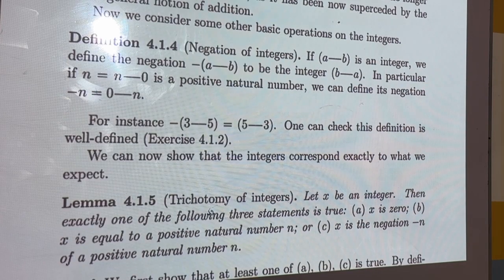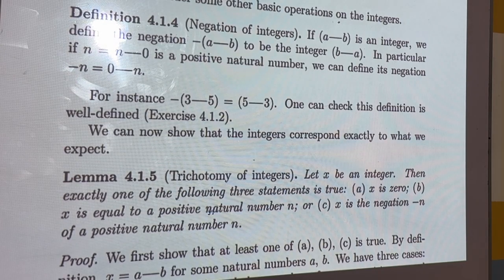We can now show that the integers correspond exactly to what we expect. Trichotomy of integers. Now we are going to assume that we know integers. Integers are of this form, a minus b, where a and b are natural numbers, and we know how to add, subtract and multiply integers.